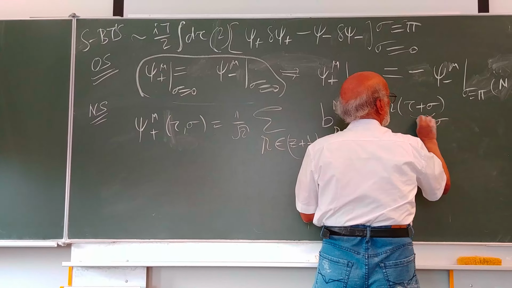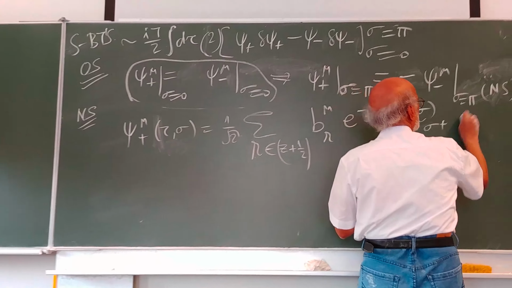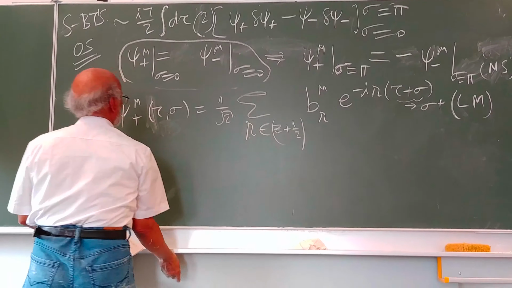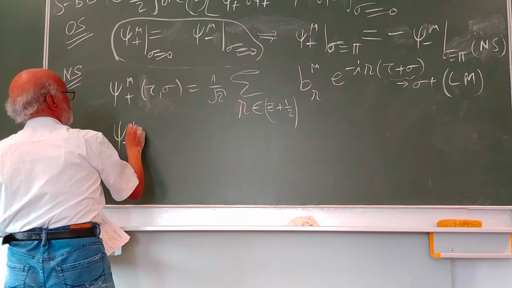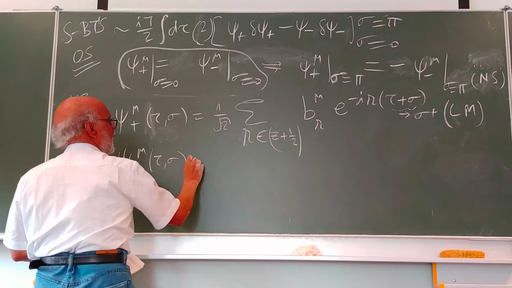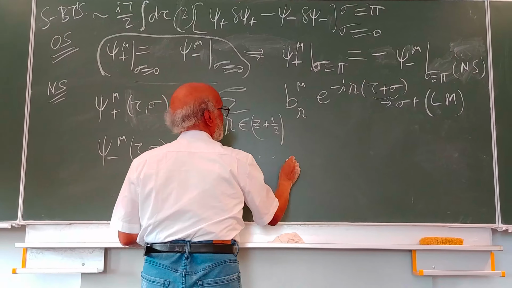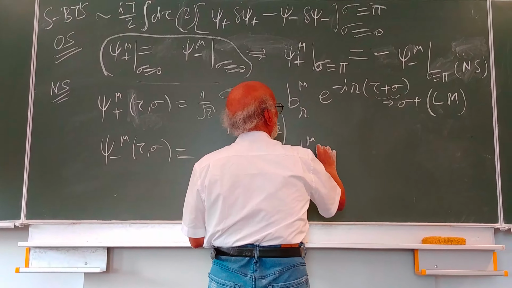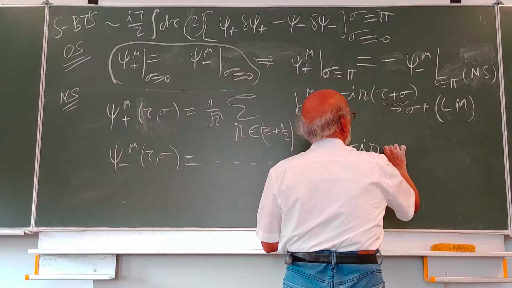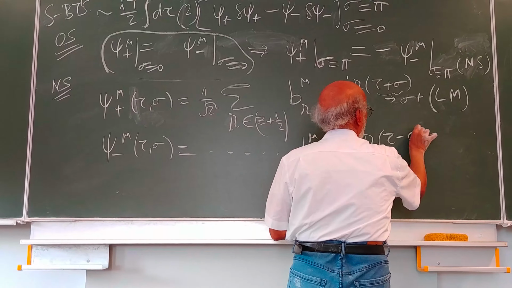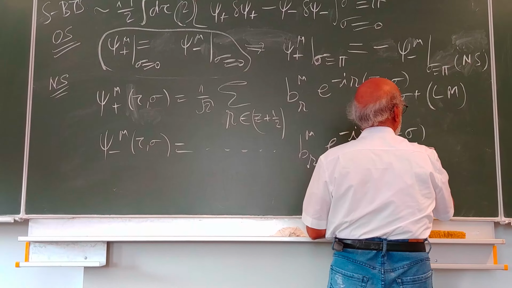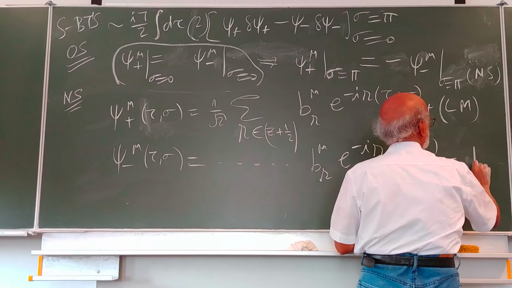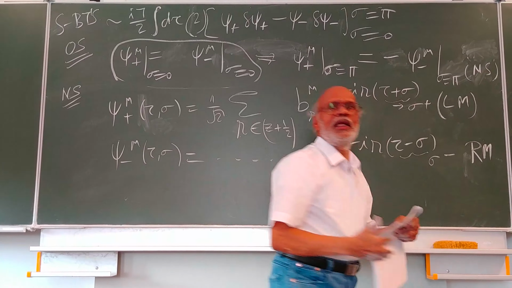So this is sigma plus, so these are left movers. And psi mu minus (tau, sigma) is the same, b r mu e to the power minus i r (tau minus sigma). This is sigma minus, and so this would be right movers.